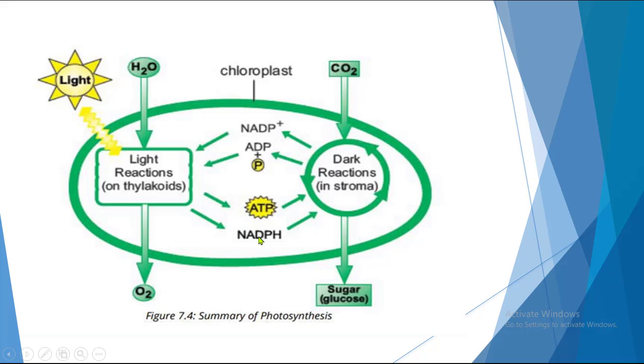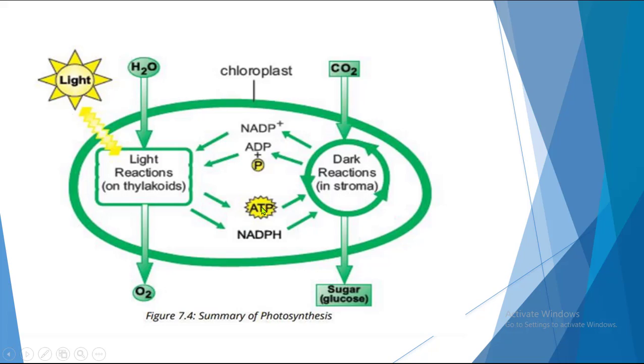NADPH is a form of high energy molecule, which later we will discuss in cellular respiration, that NADPH can be broken down and produce ATP. 1 NADPH is equal to 3 ATP molecules. So it is an even larger unit of energy, and cells cannot use NADPH directly. In order to use NADPH as energy, it has to be first converted into ATP.